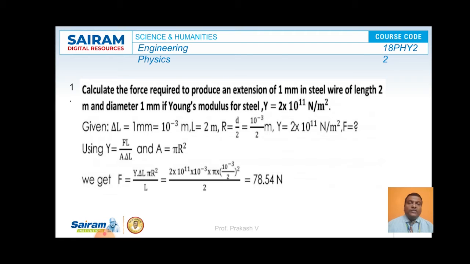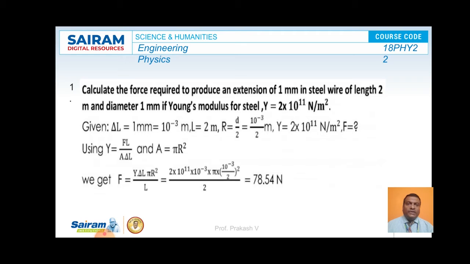F is the force required to produce the extension, L is the total length of the wire, delta L is the increase in length, and A is the area of cross section given by pi r square.